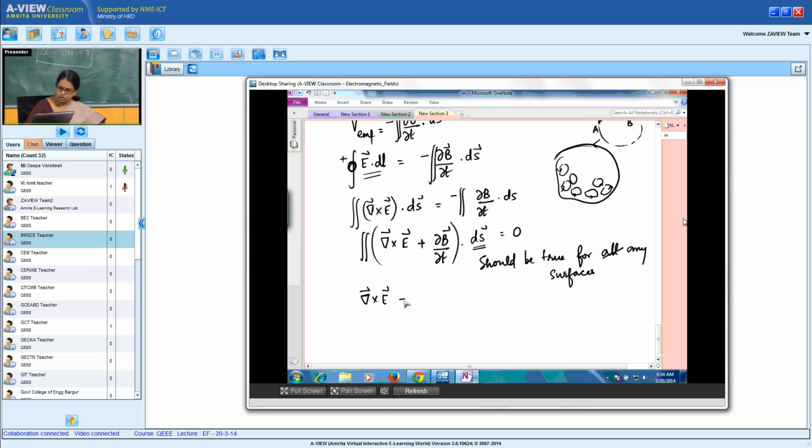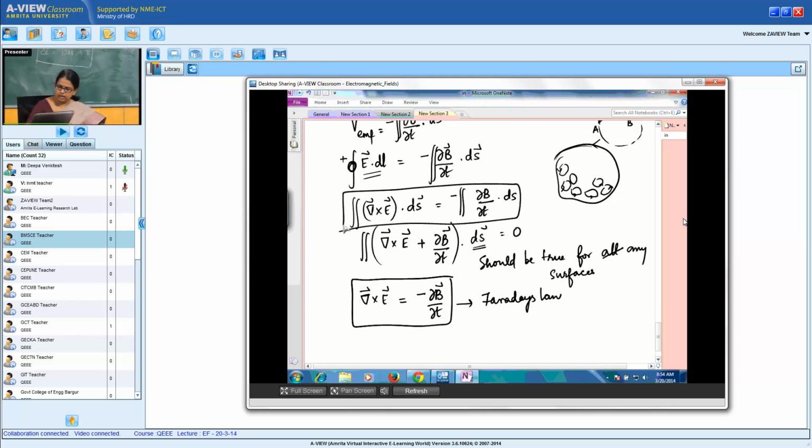So del cross E equals minus del B by del t. This is your Faraday's law. And this is the differential form of Faraday's law, and we also have the integral form of this.